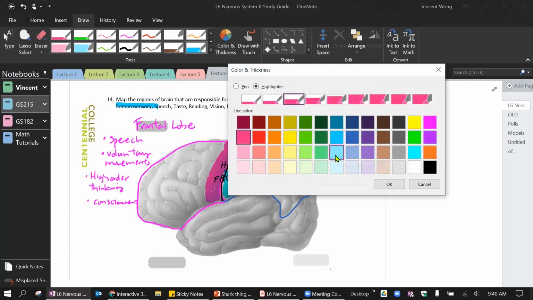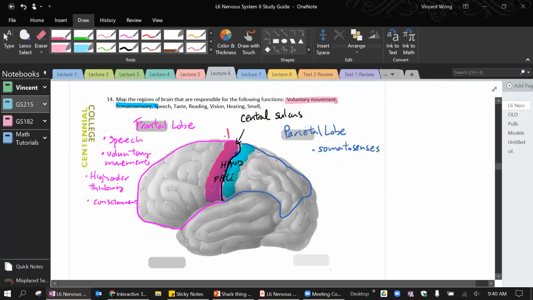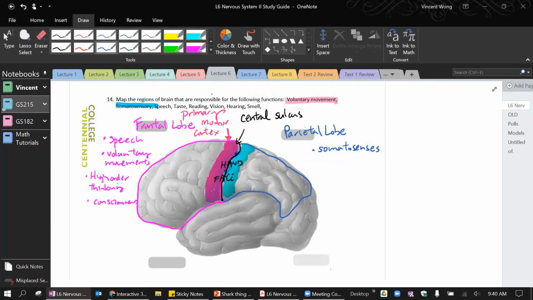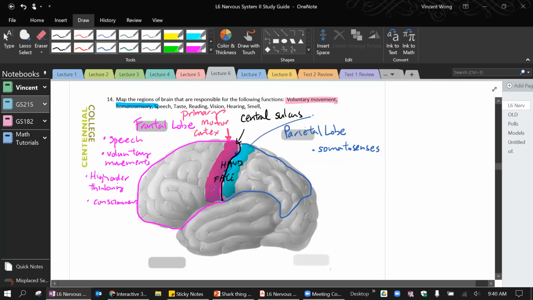All right, so let's write down what they're called. This is the primary motor cortex. And this here is the primary somatosensory cortex.